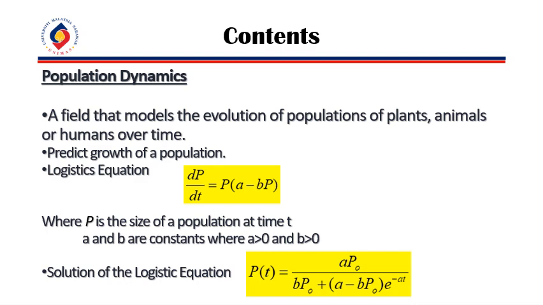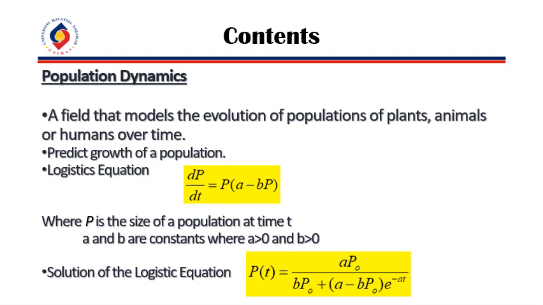Since the population varies over time, it is understood to be a function of time. So usually I use the notation dP/dt, or P(t), for the population as a function of time.